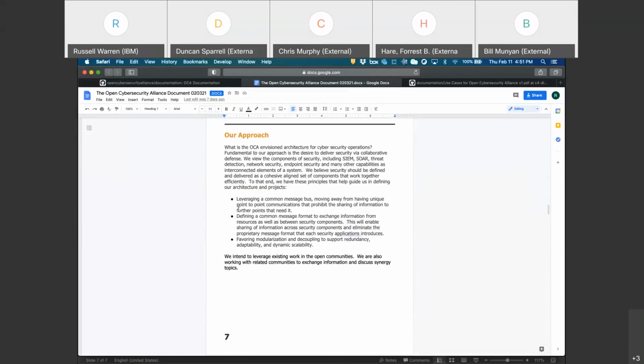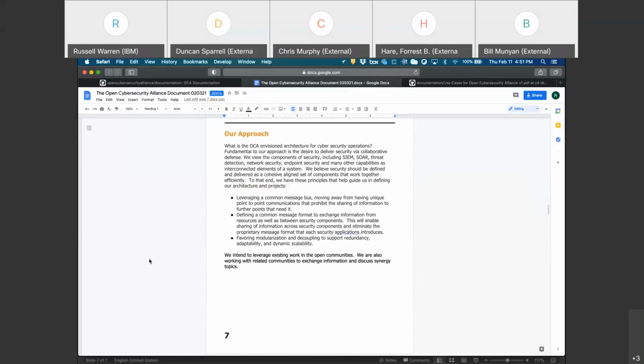And I had some good input from the team here. Things like defining common message formats and leveraging a common bus and making sure we have modularization, that kind of stuff. I just started a list, but more what we're trying to do and how we're going about it was the first thing I put on that. For the other sections I didn't change, just so you know. But revision 2 was just trying to set the stage better. Given the comments I got from a lot of you folks, I tried to fix this a little bit more to embrace more of those points.